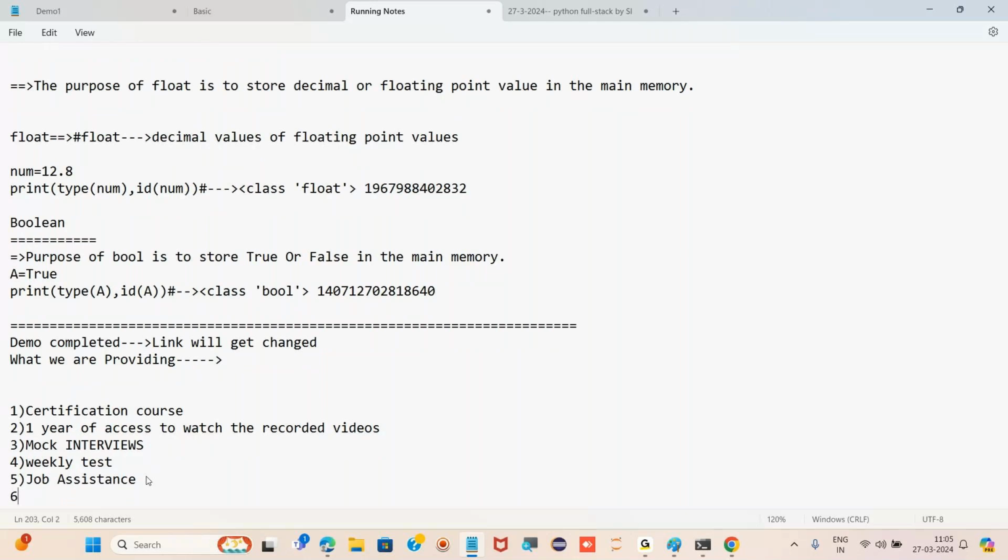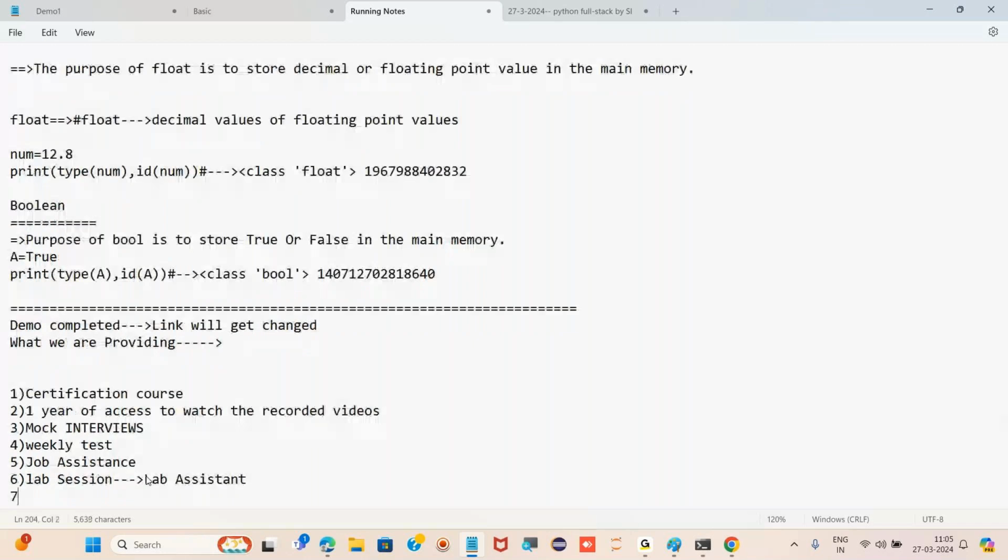We have lab, so lab session also will be provided. If you have any kind of doubt, there you will be seeing lab assistant to assist you, right? And next one is real time projects. We will provide you the real time projects as well.